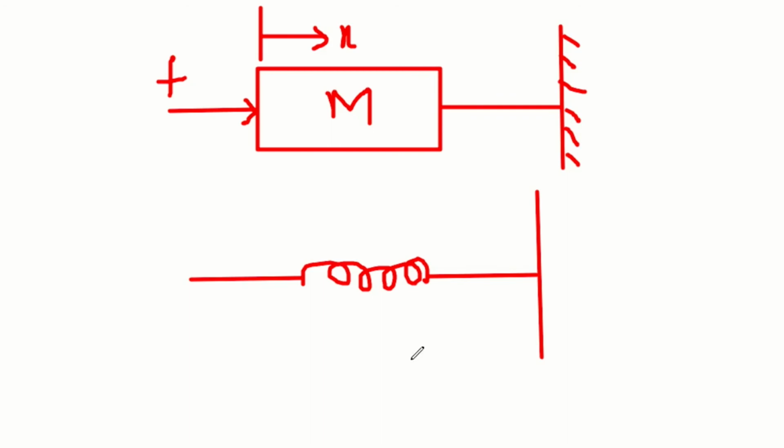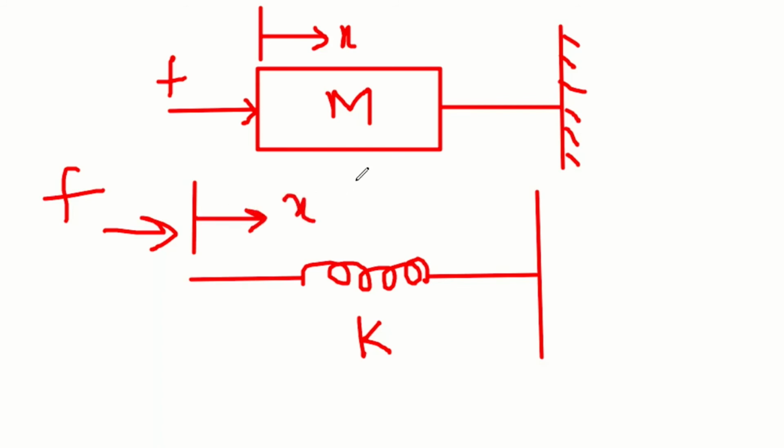So this is one way of representing an ideal spring, and you use capital letter K to represent it, and you again apply a force, and see that when we apply a force, it will compress itself, just like how a sponge would compress itself when we apply a force. So this is an ideal spring with one end fixed to the reference.